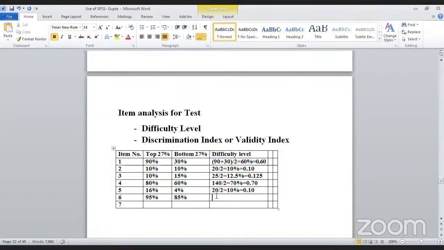So 180 divided by 2 will be equal to 90%. And this will be equal to 0.90. So this is how you can calculate the difficulty level. And now we have to calculate the discrimination index.